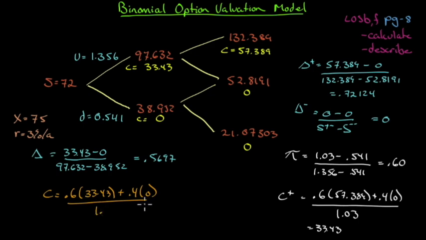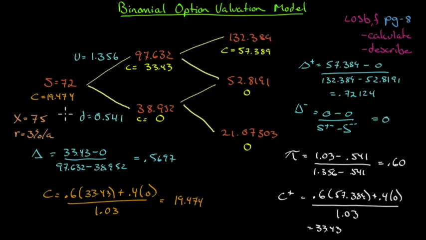The present value of the expected values of the options, right? 1.03 will give us 19.474. So C will be 19.474. A 2-year call option on this stock that is currently trading at 72 with a strike price of 75, given these types of up and down moves, given this volatility in the moves, should have a value today of 19.474. That is a no arbitrage price on the stock.